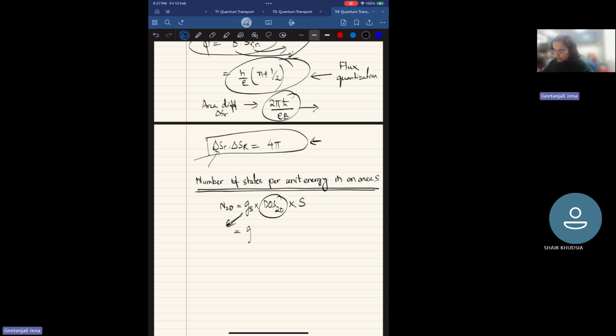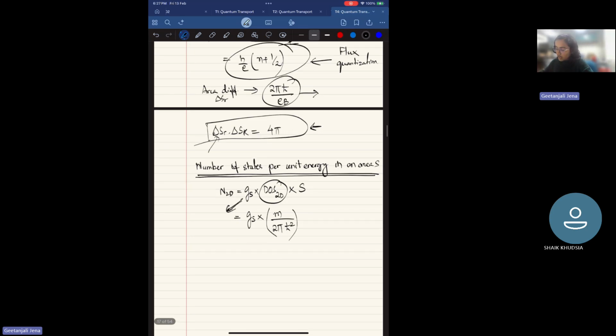And if you recall, for the 3D case, the density of states varies as the square root of E, but for the 2D case, it is constant. The constant factor is m by 2 pi h cut squared. So this is the expression for the density of states for the 2D case, and we multiply it with the area where we want to find the number of states. So this is the number of states per unit energy.